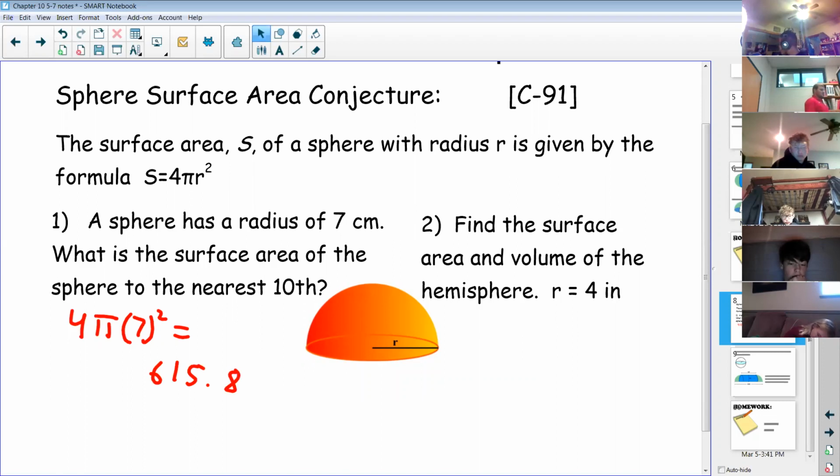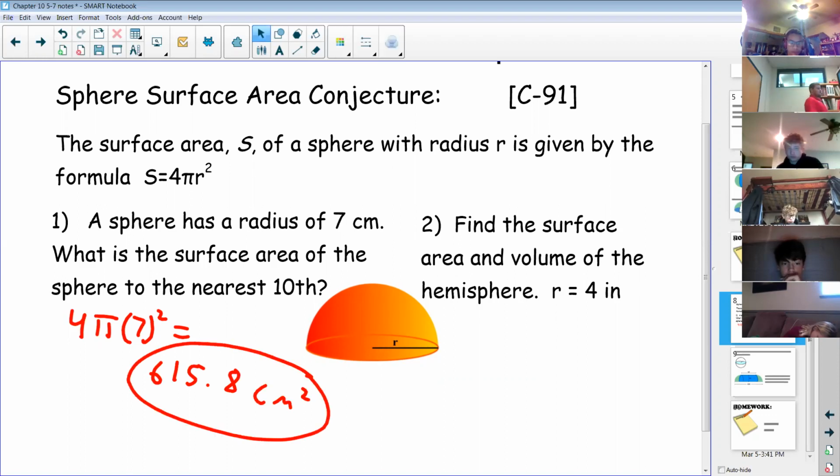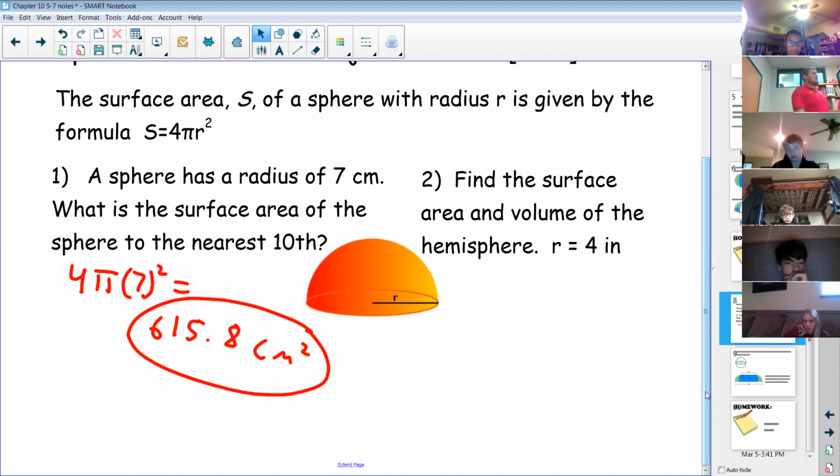And then something important here is that this is area, not volume. So our units should be centimeters squared, right? Cubed is volume, squared is area. So that's something to keep in mind there. Hopefully that doesn't seem too bad. We just plugged it into an equation and then got our answer.